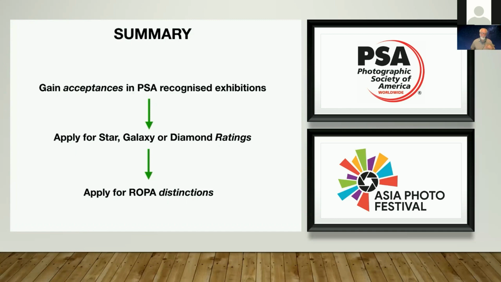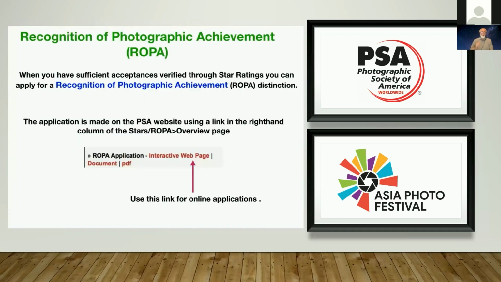Now, for applying for the ROPA distinctions, you just go to the website and you'll find on that STARS ROPA page that I mentioned before, the STARS ROPA overview page, you'll see this link. It says a ROPA application, interactive web page, or you can do it by a document if you like, but it's better to do it online, the interactive web page.